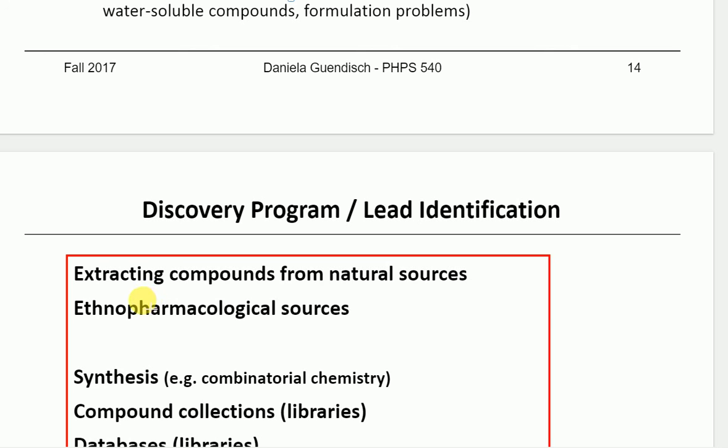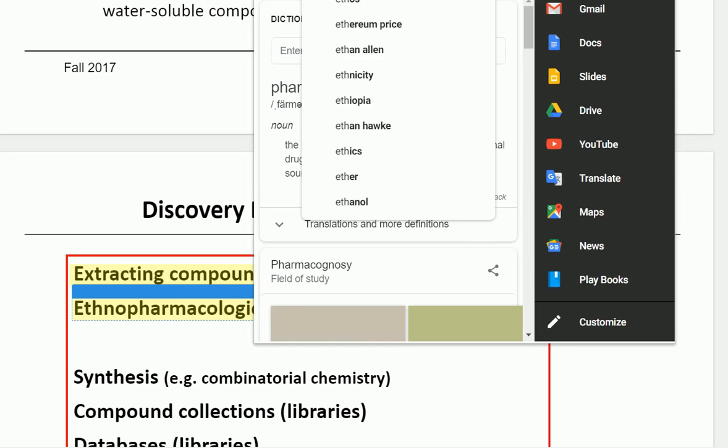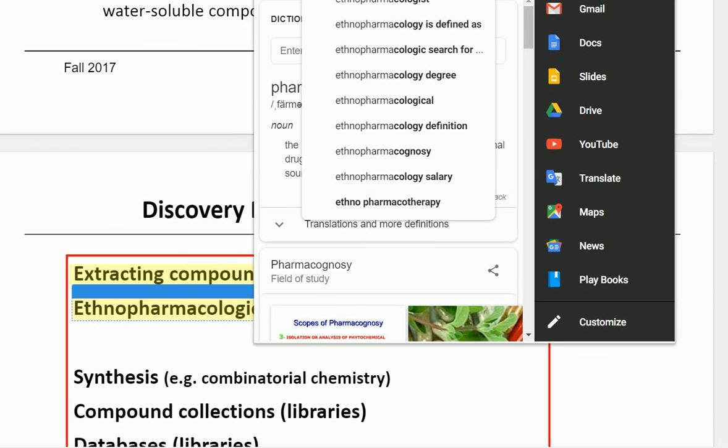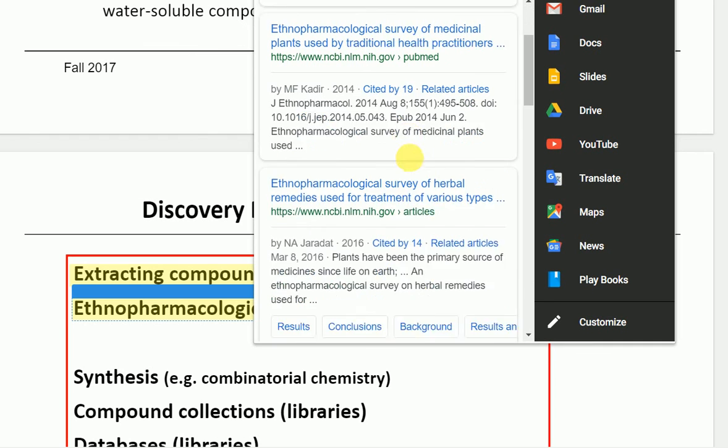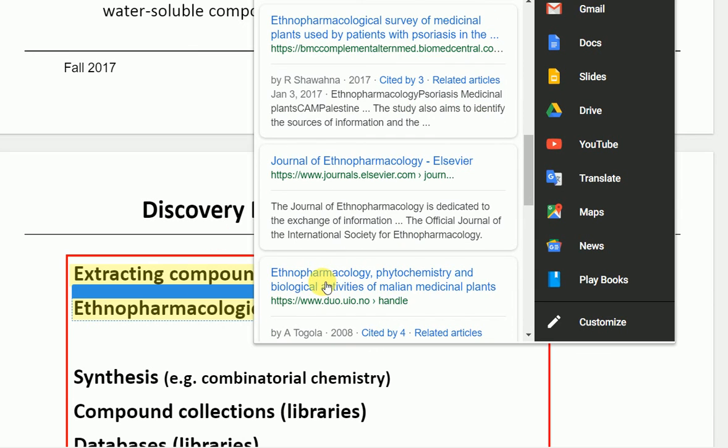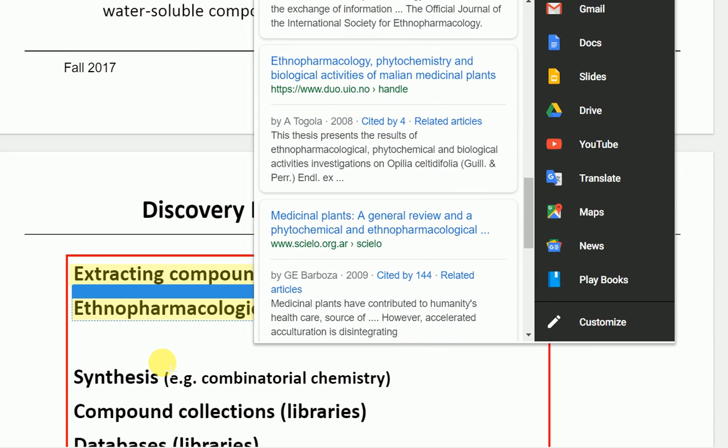Yeah, go ahead. Which is mainly based on extracting compounds from natural sources, ethnopharmacological sources. So what is an ethnopharmacological source? Okay. Doesn't really tell us.